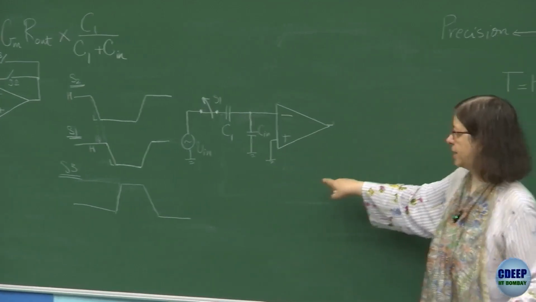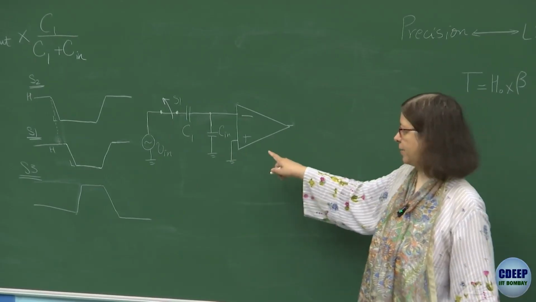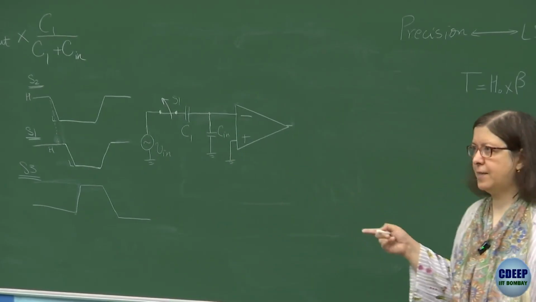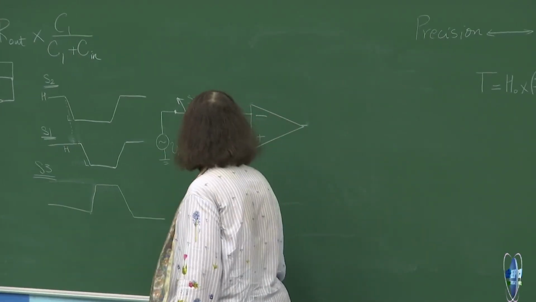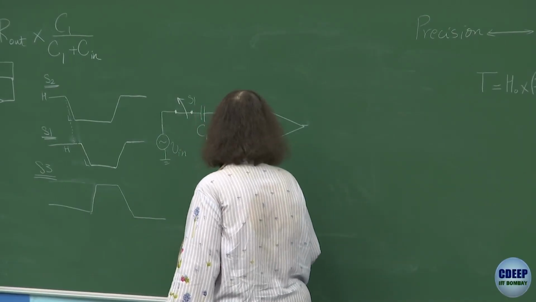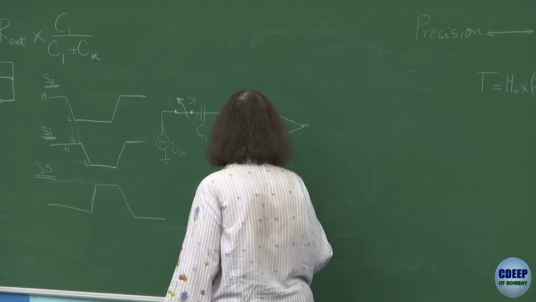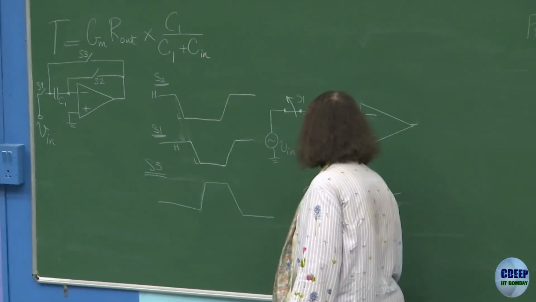Charge injection in this case matters. Do you want me to analyze it for you, or will you do it? You analyze it. This is similar to the bottom plate switching that we already discussed. I made it very universal in that case.